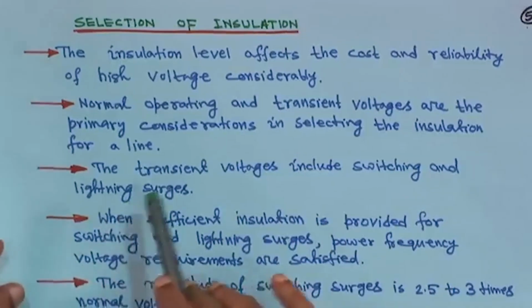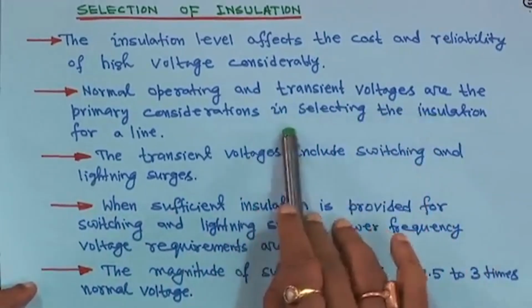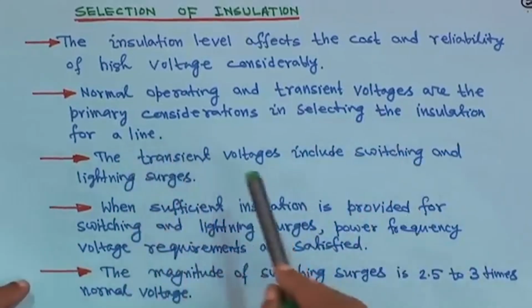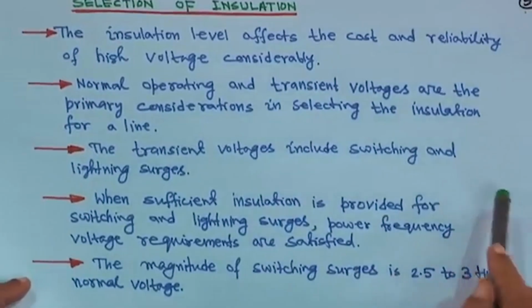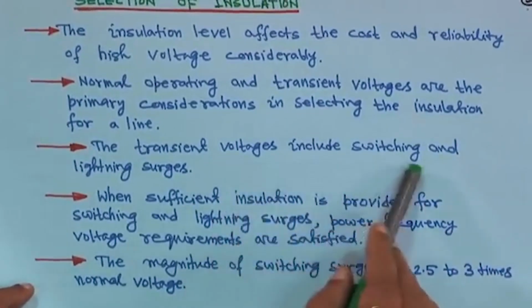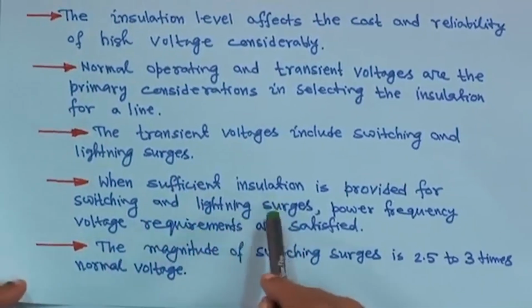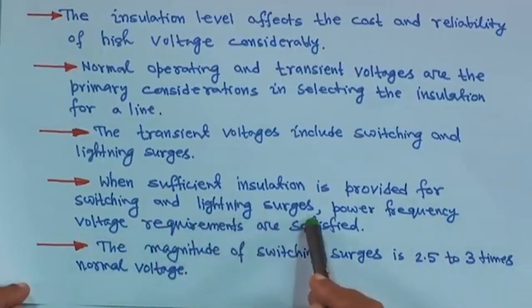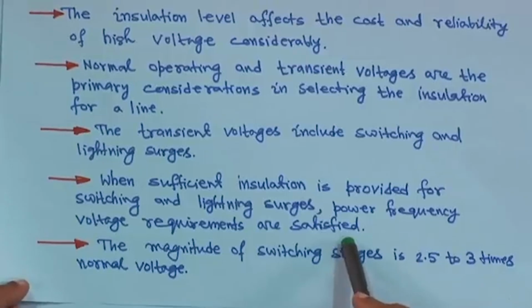You have to look at both operating as well as transient voltage. We will see those things later. The transient voltages include switching and lightning surges. When sufficient insulation is provided for switching and lightning surges, power frequency voltage requirements are satisfied.